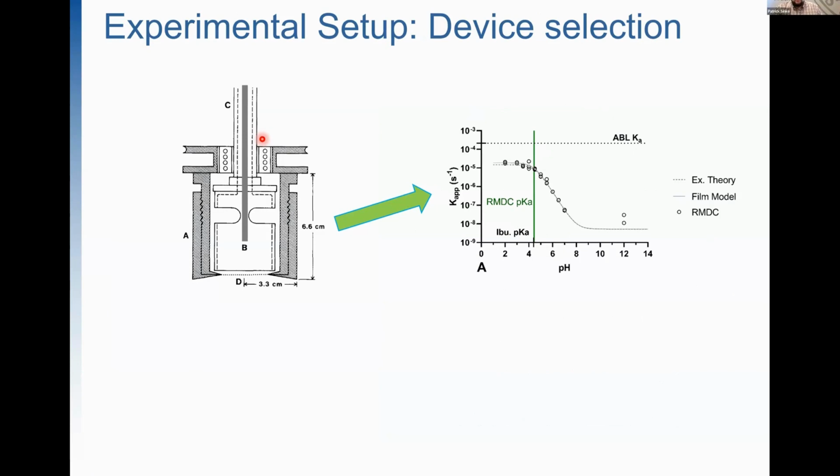So how do we actually capture this on the bench? I was working with a device called the rotating membrane diffusion cell during my PhD, and a semi-permeable membrane material called polydimethylsiloxane, or PDMS, which is a silicone rubber. So it's lightly lipophilic or organophilic.